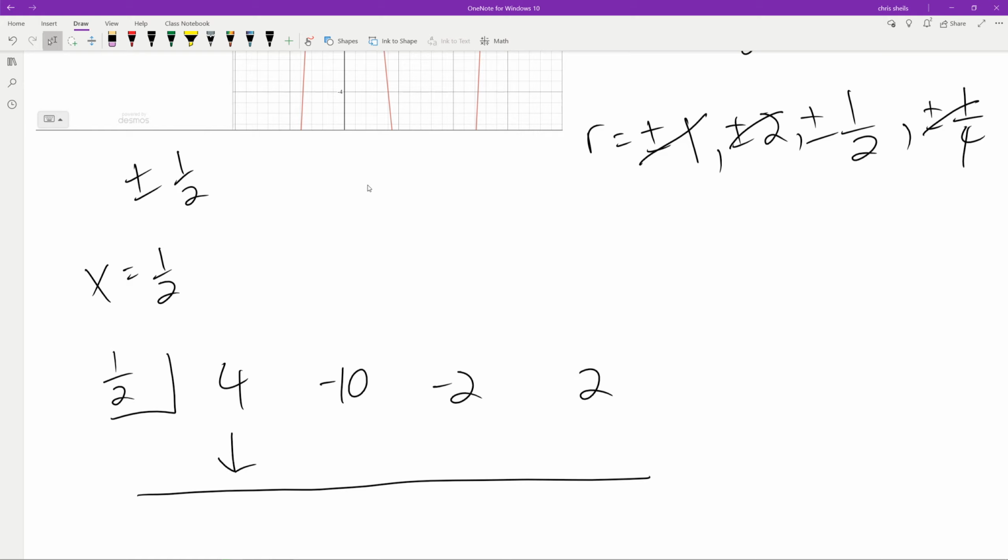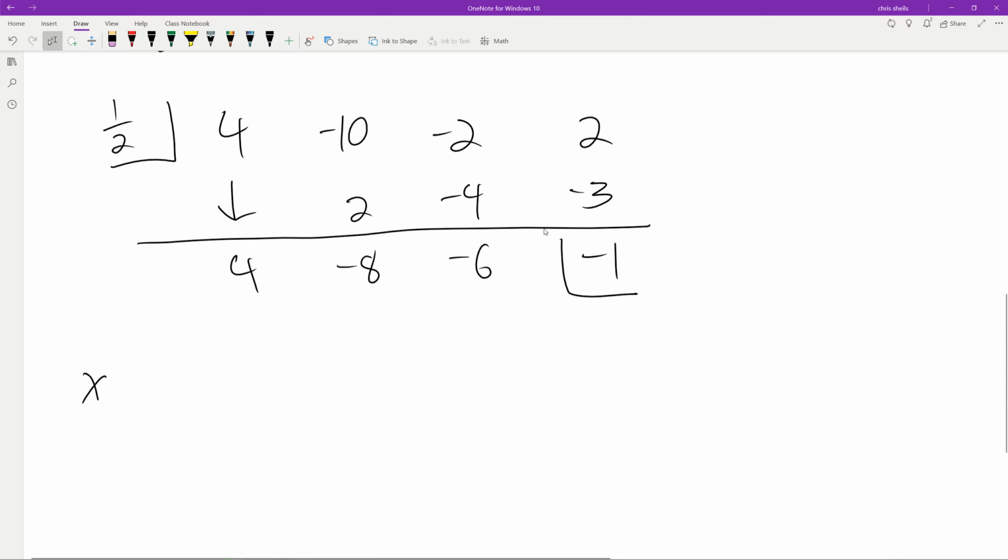The 4 comes straight down. 4 times 1/2 is 2. Negative 10 plus 2 is negative 8 times 1/2 is negative 4. Negative 2 plus negative 4 is negative 6 times 1/2 is negative 3. 2 plus negative 3 is negative 1. I have a remainder of negative 1 here. And because I have a remainder, that means that x equals 1/2 is not a 0.